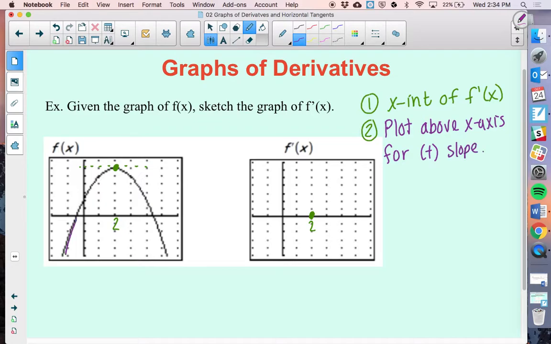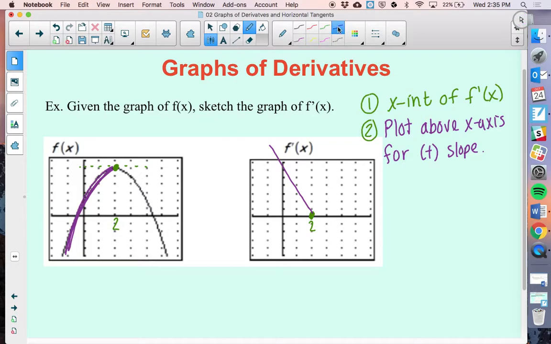I know that on this side here, my slope is positive. So that must mean that for all my x values to the left of 2, my derivative has to be positive. I'm going to make this a straight line, because I'm also thinking in my head that if my original is a quadratic and has one curve, my derivative must be linear and have no curves.